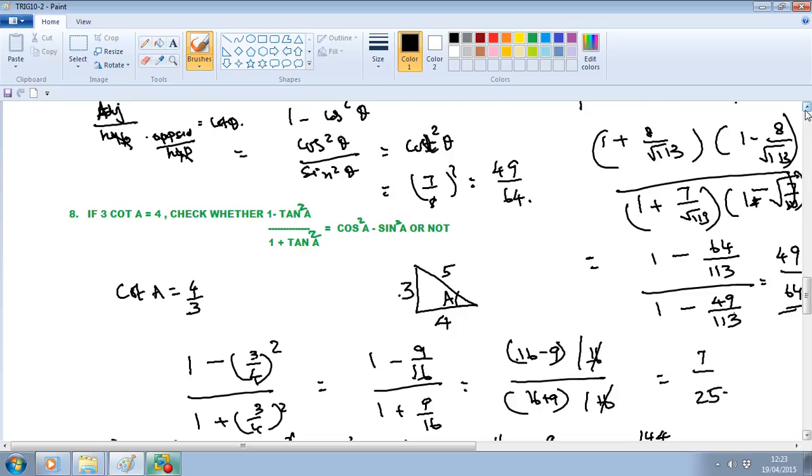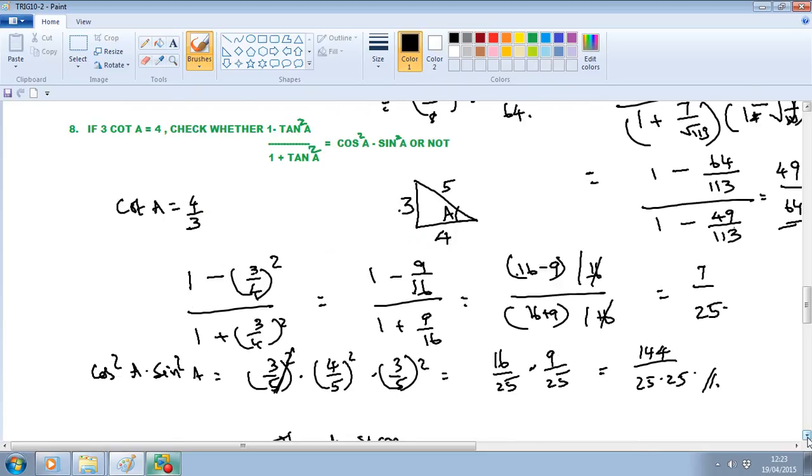When you know cot A is 4 by 3, check 1 minus tan square A by 1 plus tan square A, whether it's correct with cos square A and sin square A. No, it's not.